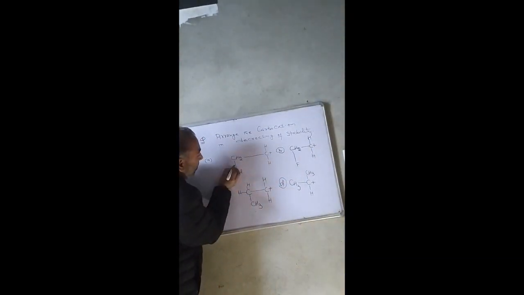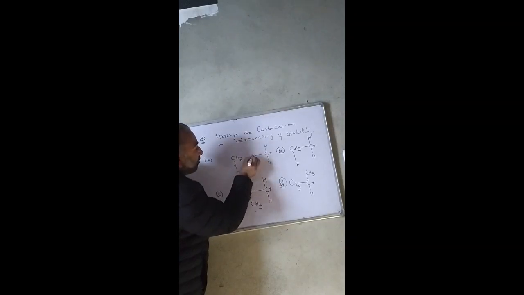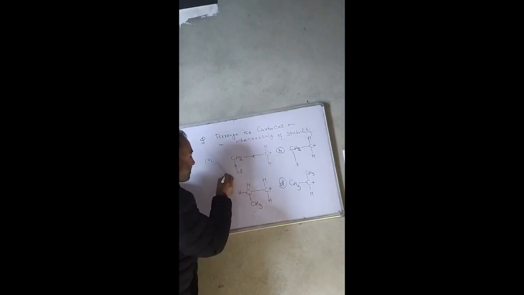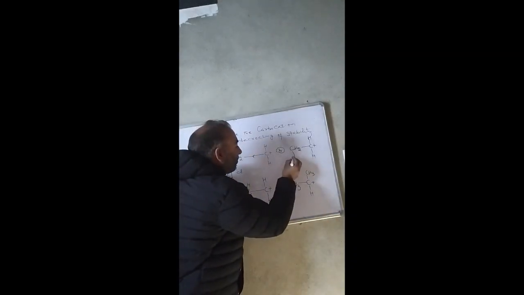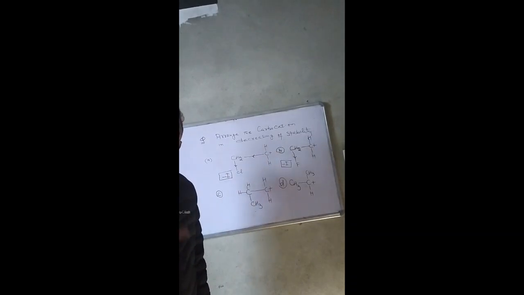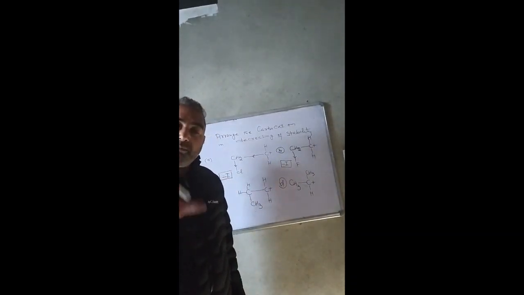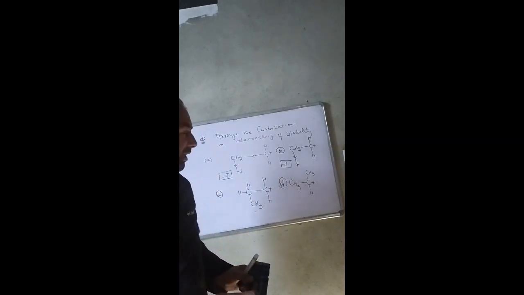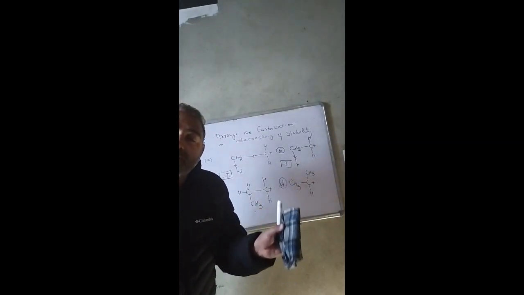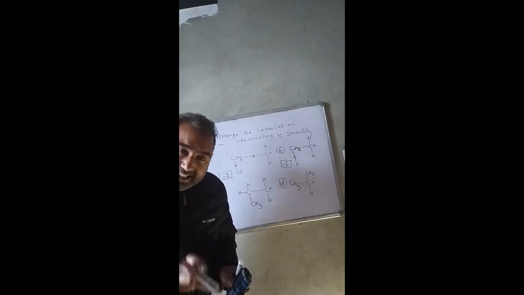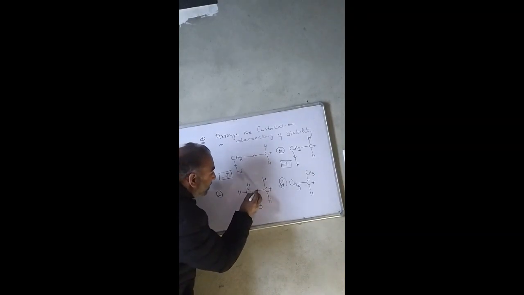Here we have chlorine. Chlorine shows minus I effect. Here we have fluorine. It also shows minus I. But minus I effect of fluorine is stronger than minus I effect of chlorine. So stronger the minus I, less stable is the carbocation. Here we have methyl.